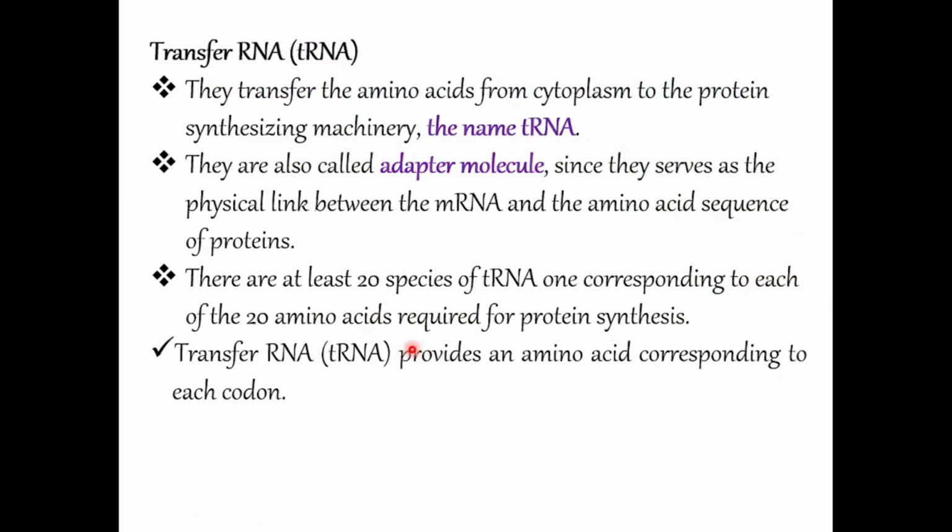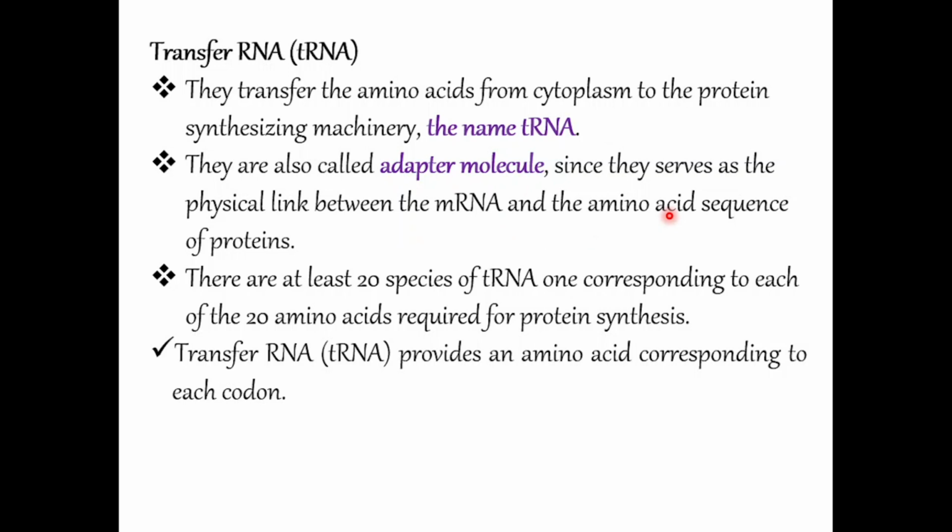The other group is transfer RNA. As we can see from its name, it transfers amino acids from the cytoplasm to the protein synthesizing machinery. This molecule is called an adapter molecule because it serves as a link between messenger RNA and the amino acid sequence.